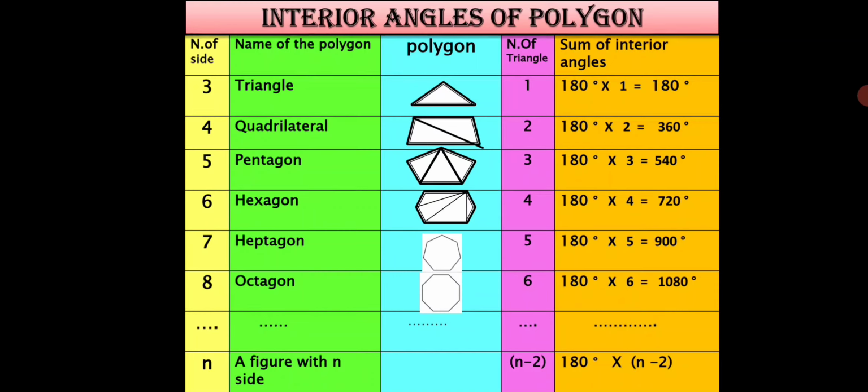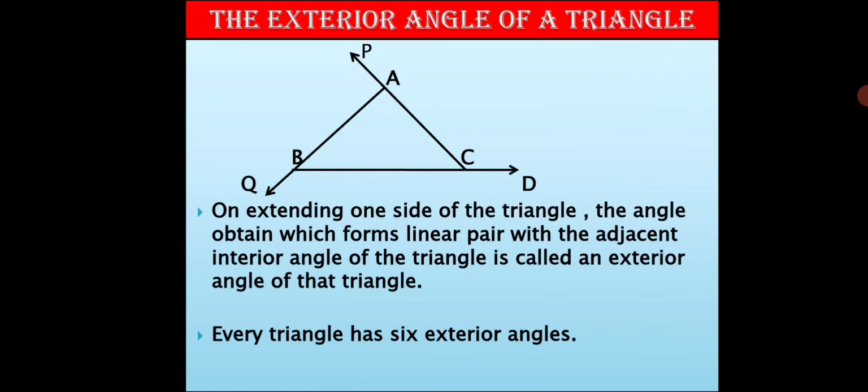Okay students, I hope you have cleared the concept of calculating the sum of interior angles of the given polygon. Okay, now we will move on to the next concept, that is the exterior angle of a triangle.